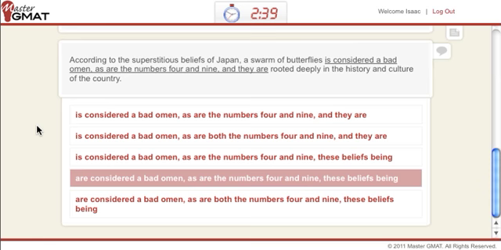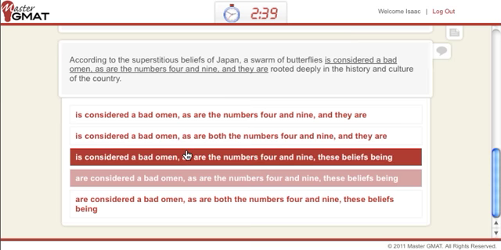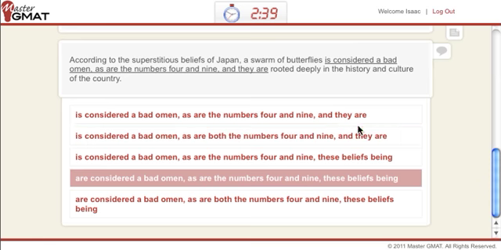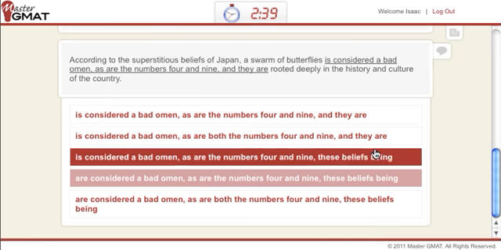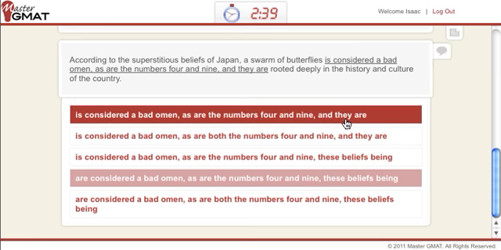Now, let's take a look at the difference between or among A, B, and C. Now, everything is basically the same, more or less, except that you see at the end it says they are, and these beliefs being. Now, we get a pronoun, and one of the things we need to check with pronouns is whether they are clearly defining what they're replacing or whether they are ambiguous.